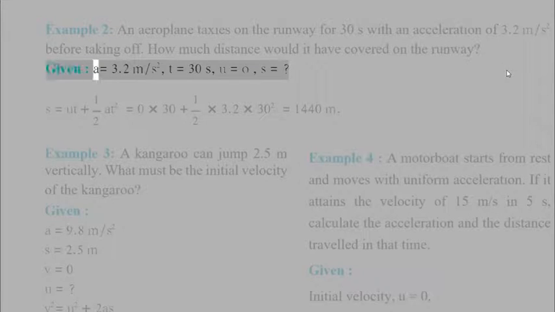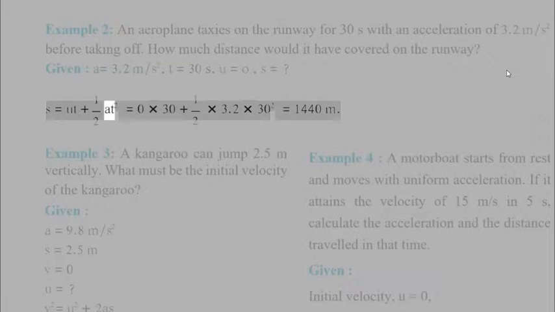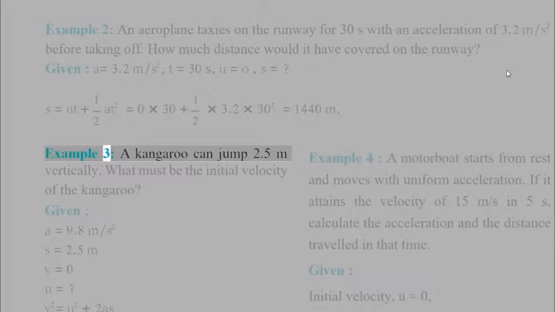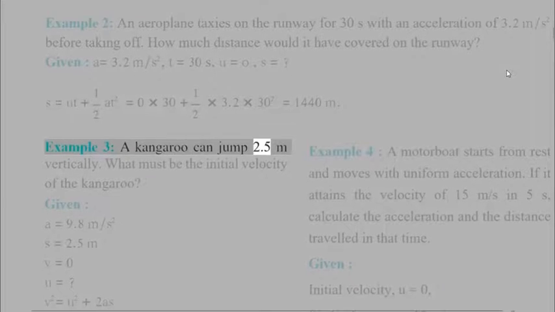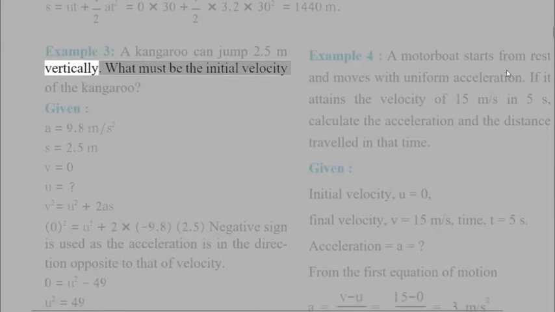Given, a equals 3.2 meters per square second, t equals 30 s, u equals 0. s equals ut plus 1/2 at squared equals 0 times 30 plus 1/2 times 3.2 times 30 squared equals 1440 m.